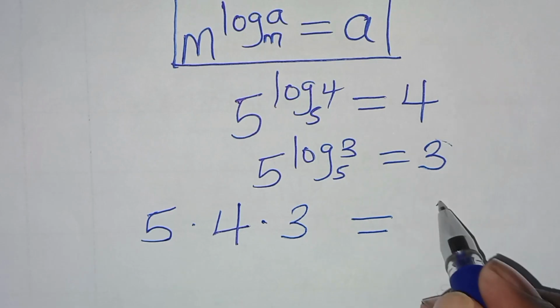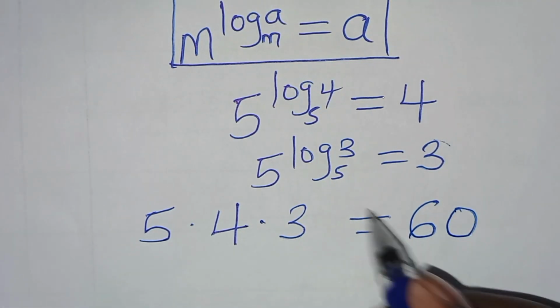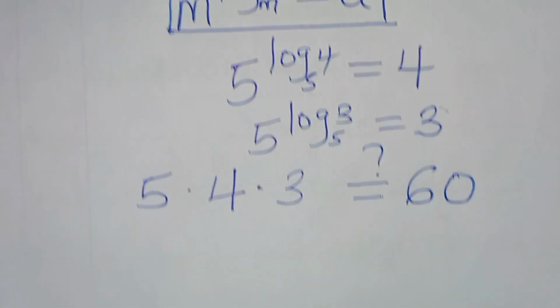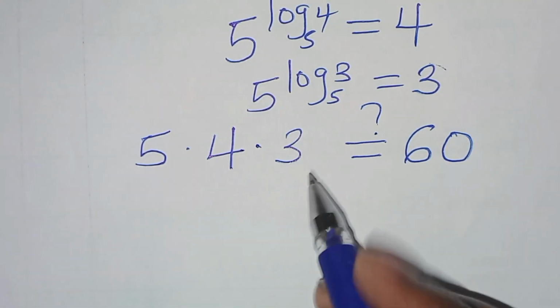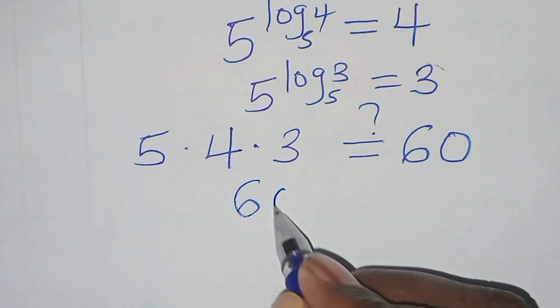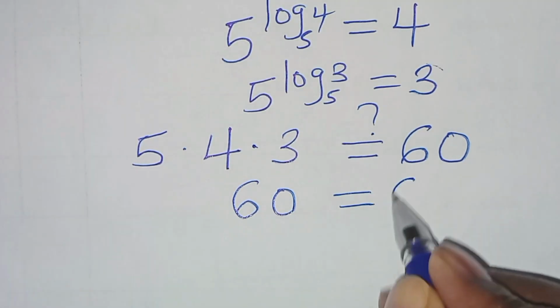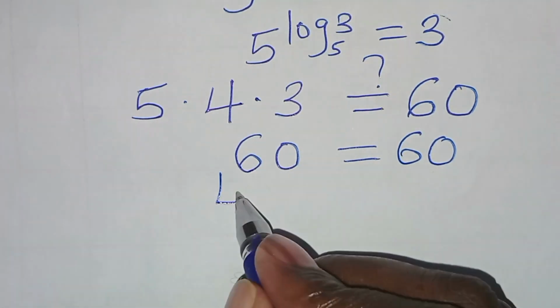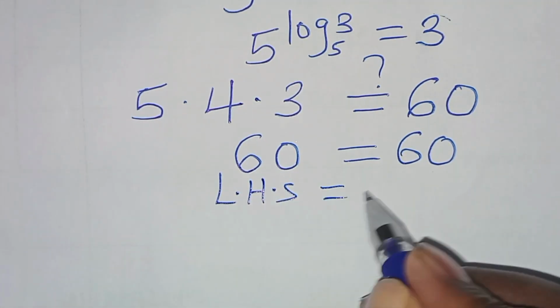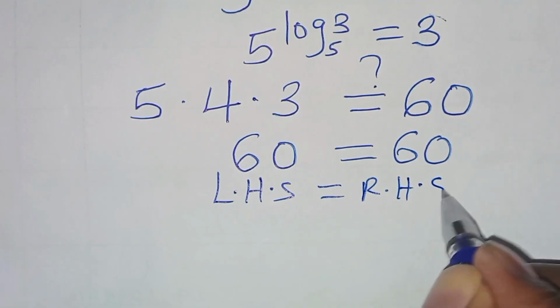This is supposed to give us a value of 60. Now, 5 times 4 is 20, 20 times 3 is the same thing as 60, which is equal to 60. So clearly, the left hand side is equal to the right hand side.